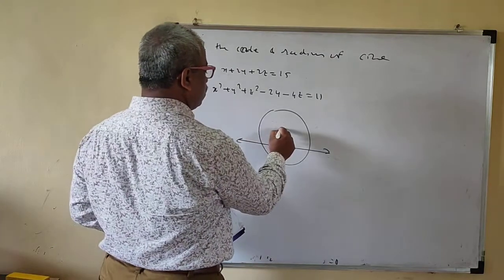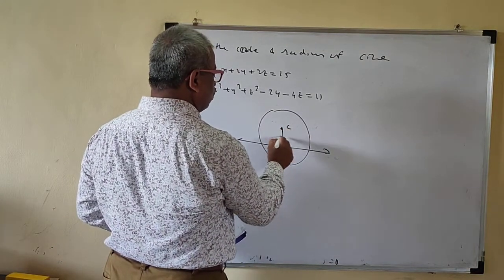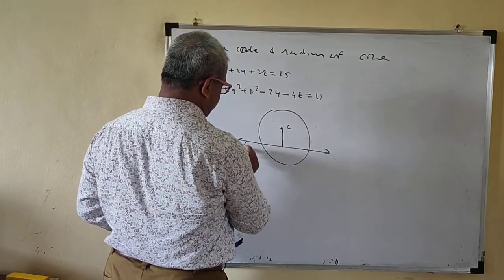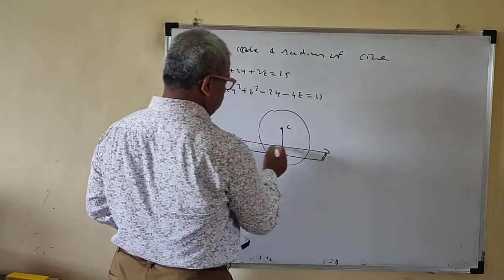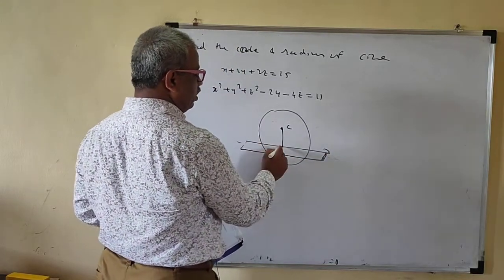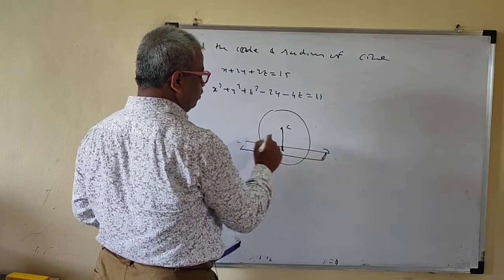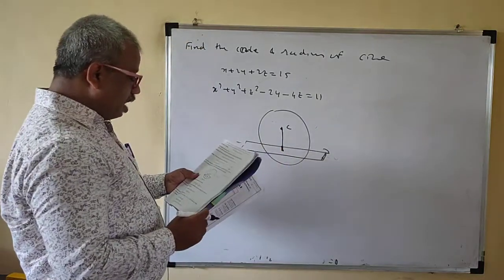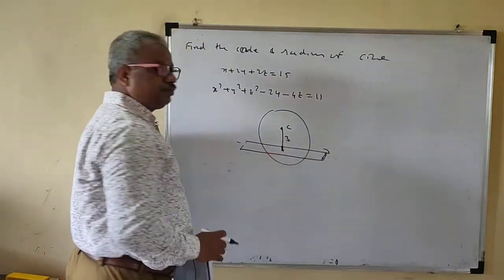Okay, so now this is the center of the sphere. Suppose this is the plane, and this point is here, and suppose you are given that this distance is 3.